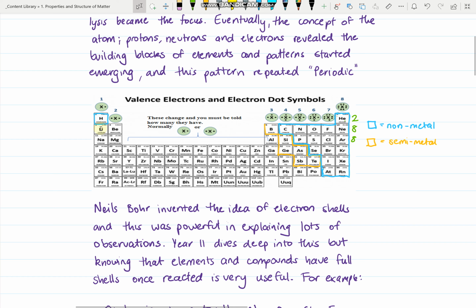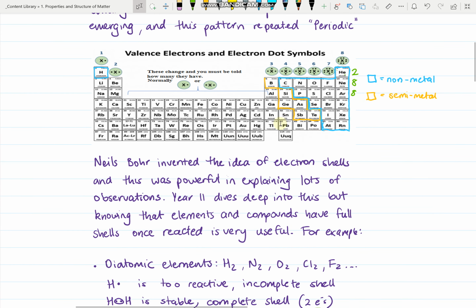And in the second one, where there's 8 elements, we can have 8 electrons. And in the third row, we can have 8 electrons as well, even though that's technically 18. We'll gloss over that. That's a year 11 topic. And that was really powerful. It wasn't kind of justified, but it had a really strong explanation power.